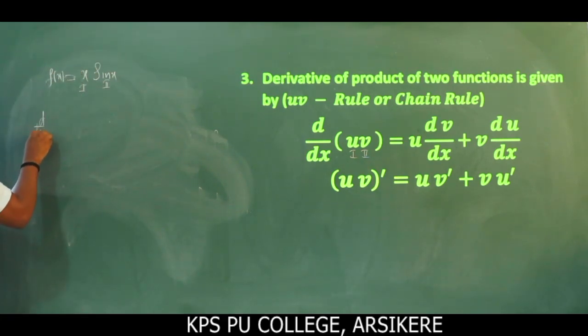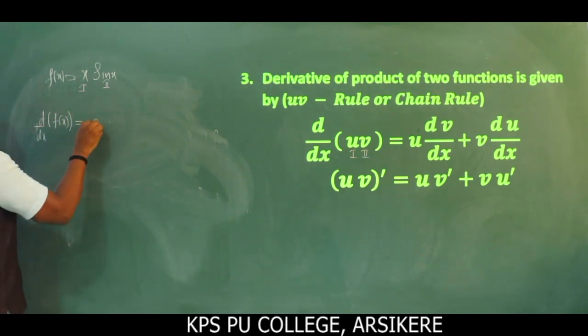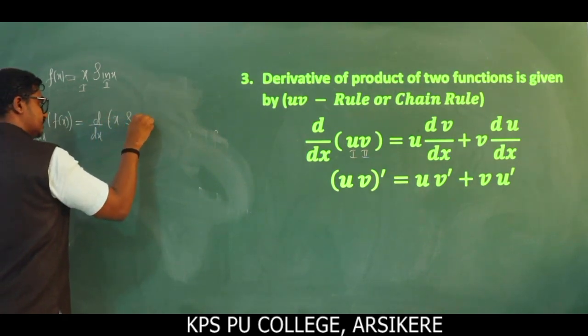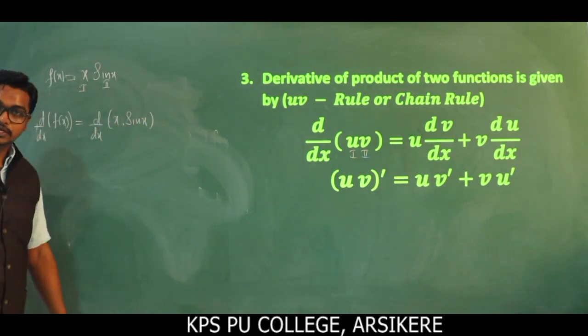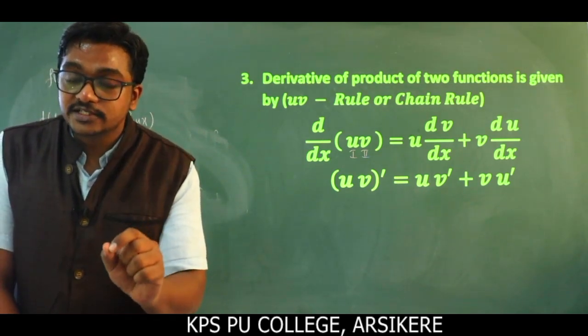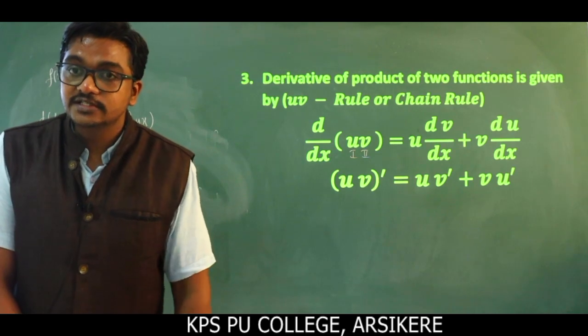d by dx of f of x is equal to the product of two functions. This is the d by dx of x into sin x. Just observe here, what is the first function? First function is x and the second function is sin x.